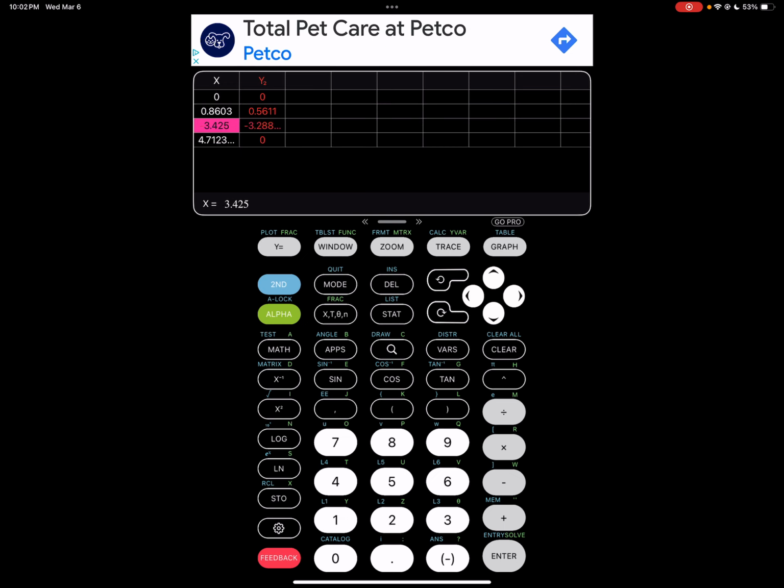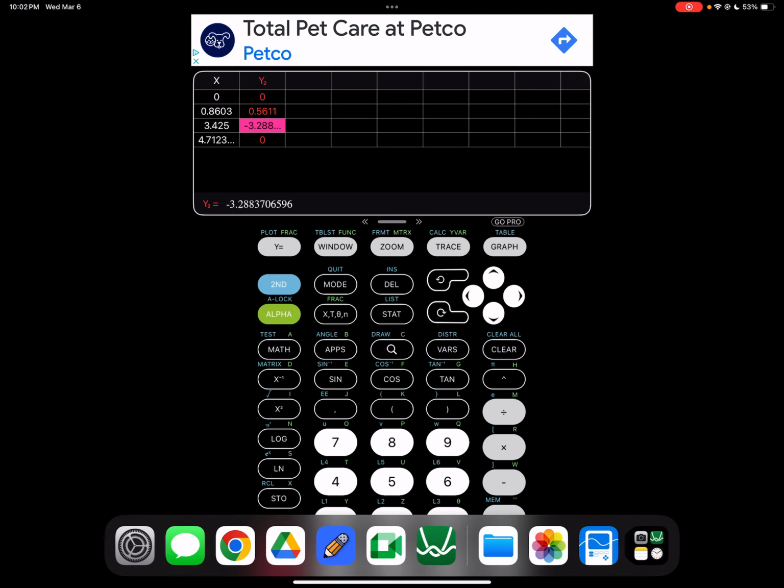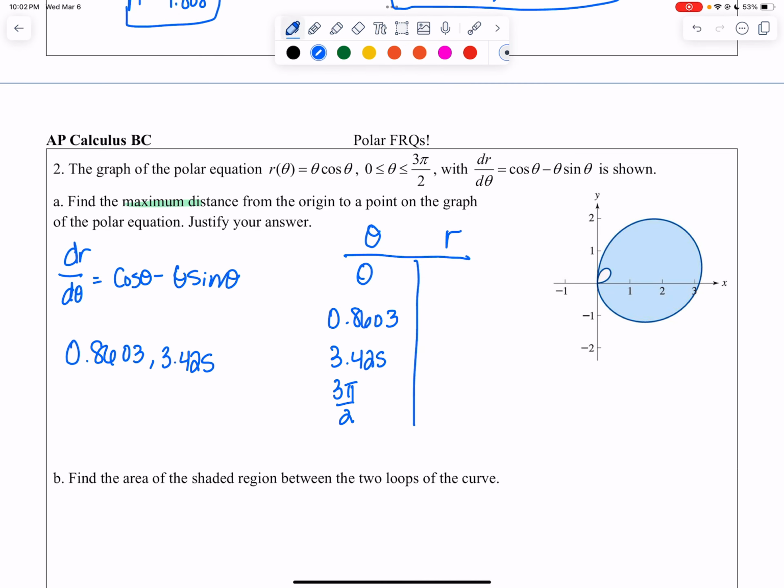So this tells me that when theta is equal to 3.425, my maximum distance from the origin is going to be 3.288. Of course, to get credit, you should probably put your little values here.